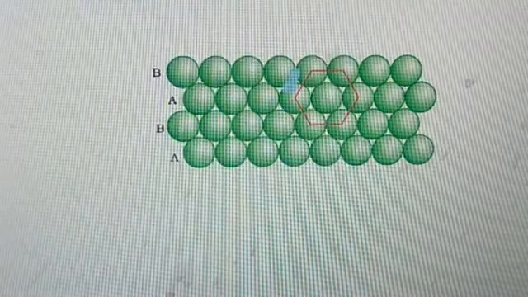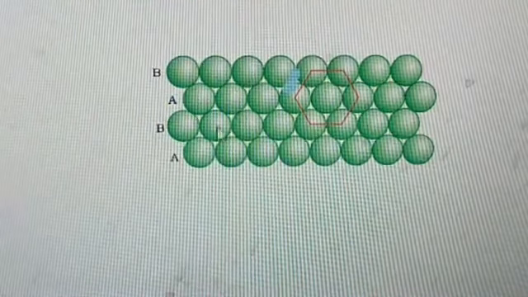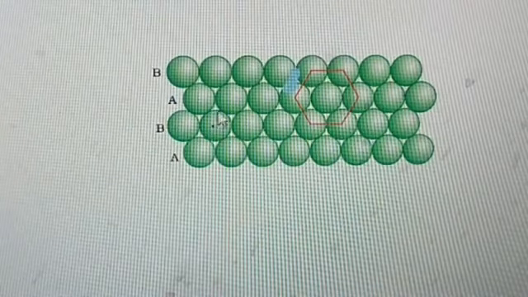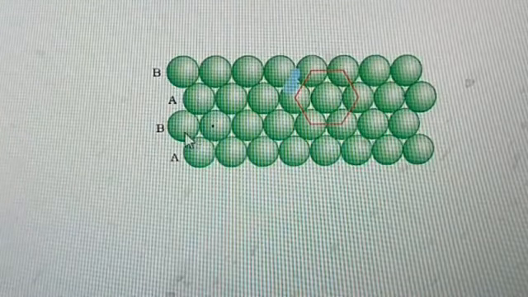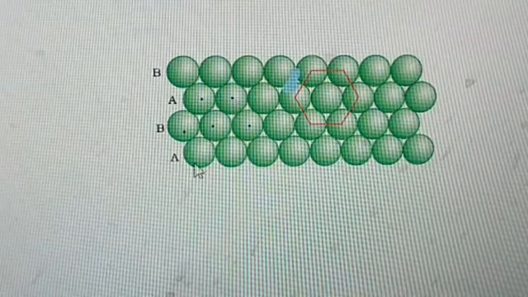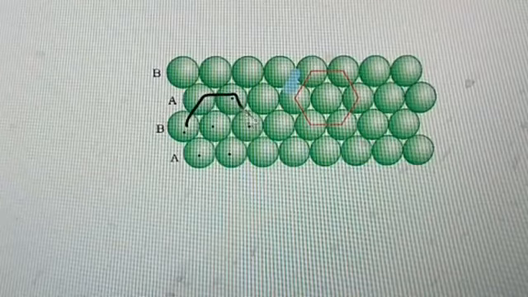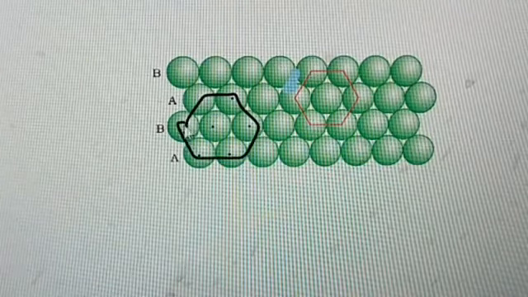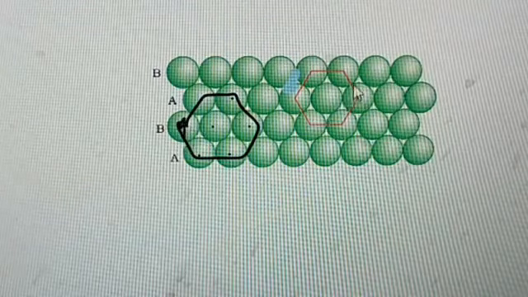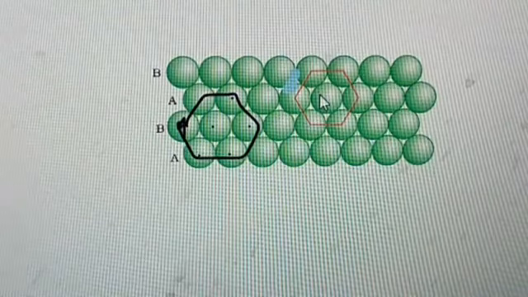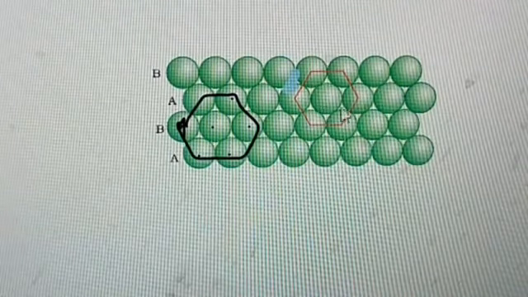Also, when we join those 6 spheres, for example, now I am taking this one. These 2 are the adjacents of this, and also these 2 are adjacent, and these 2 are adjacent. When I join the centers of these 6 neighboring spheres, what can I get? I can get a hexagon, no? Yes or not? See here, I can get a hexagon. So that's why we can call this structure hexagonal close packing.